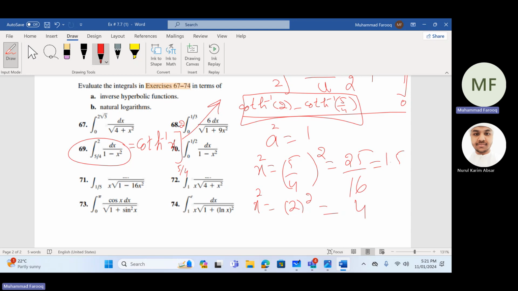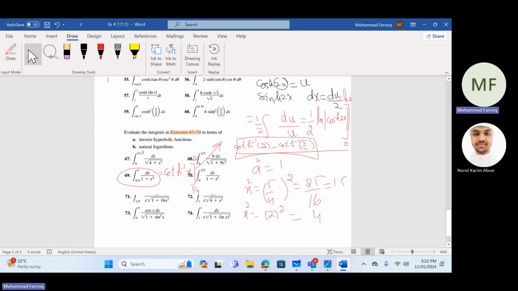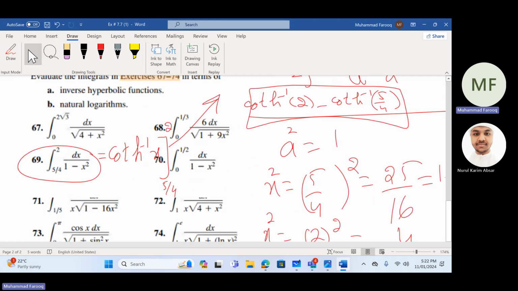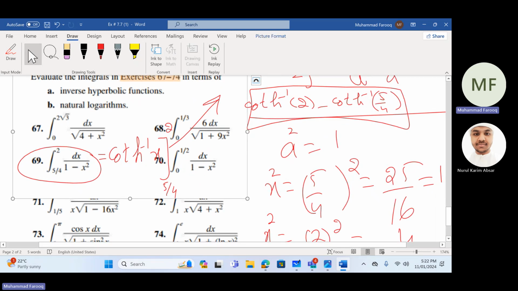I hope you understand how to use this formula sheet. You have to check that your question matches the formula. The rules are the same. For example, in question 68, what is the x squared coefficient here? None.